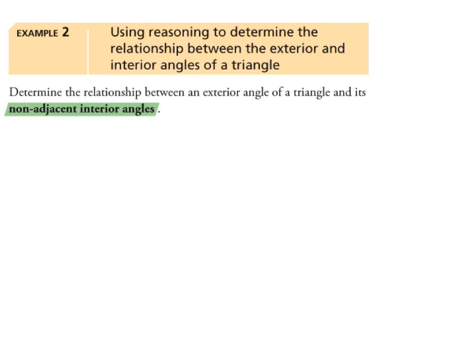Determine the relationship between an exterior angle of a triangle and its non-adjacent interior angles. Let's draw a picture. So where is the exterior angle? D, right here, is the exterior.